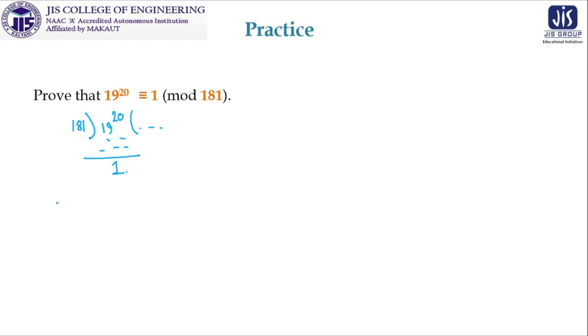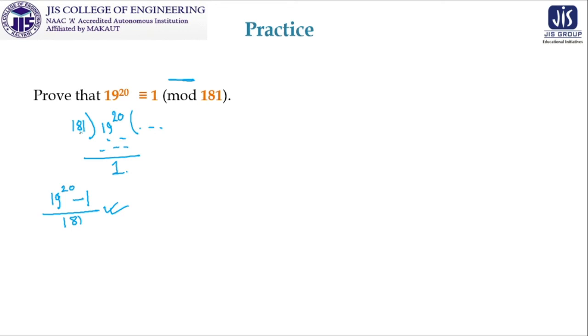Or you can think of it in another manner: 19 to the power 20 minus 1 is divisible by 181. But how are you going to find out 19 to the power 20? Then the question of division comes. So this is nothing but modulo. This will help us a lot.